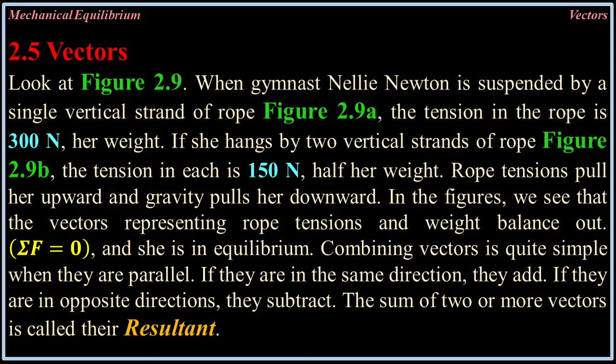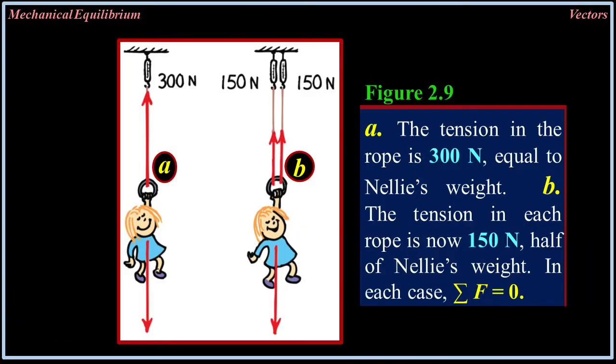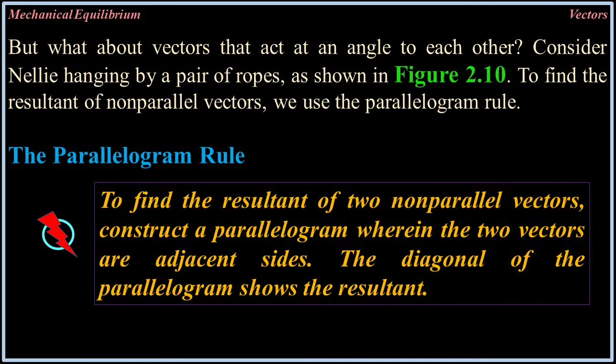It's a new word, resultant, very important. In 2.9a, the tension in the rope is 300 newtons, equal to Nellie's weight. In b, the tension in each rope is now 150, half of Nellie's weight. In each case, sigma F equals 0.